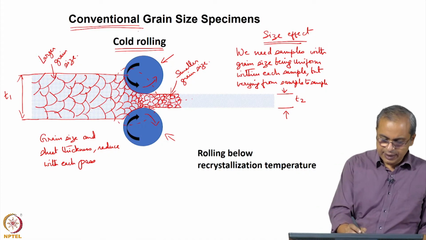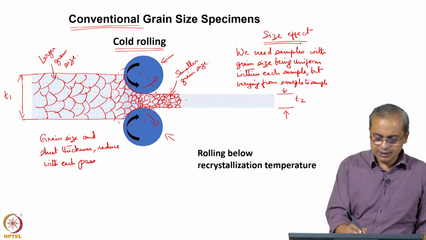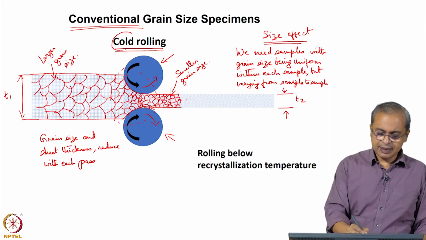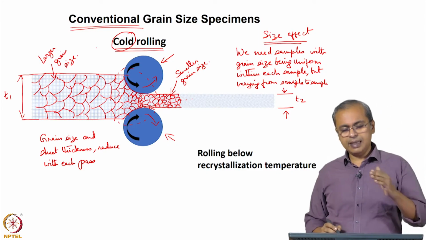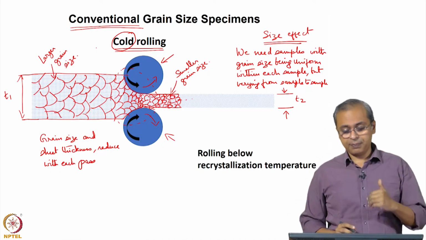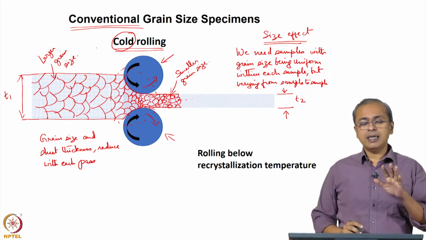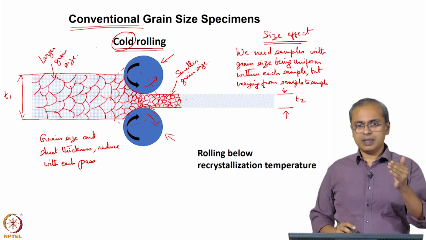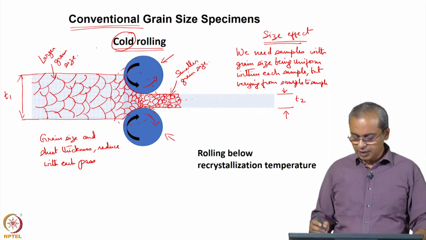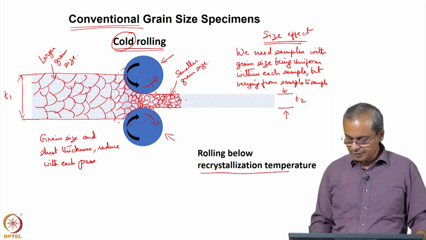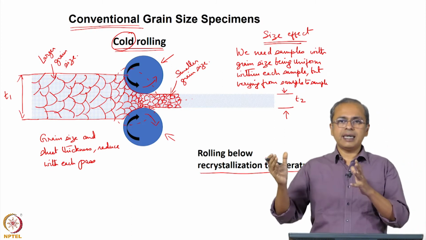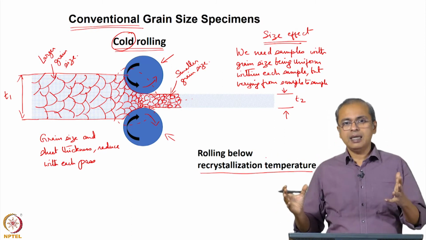Now, of course, it is also useful to keep in mind that this is called cold rolling, and the reason is this: we are not deliberately heating the sample. More specifically, even if you do heat it, you do not heat it beyond a certain temperature, and that is called the recrystallization temperature. So, typically for most metals, this temperature is approximately related to the melting point of that material in a certain way.